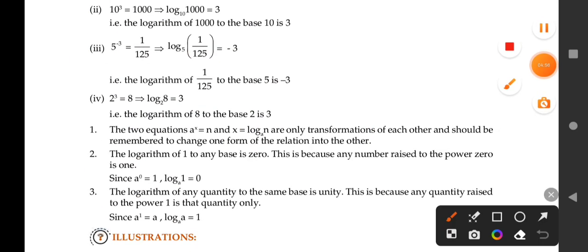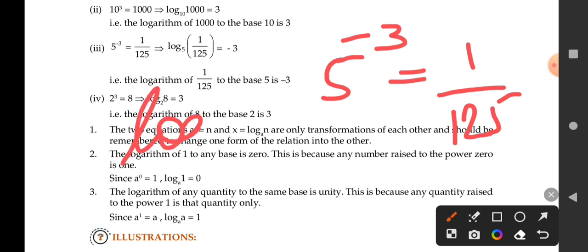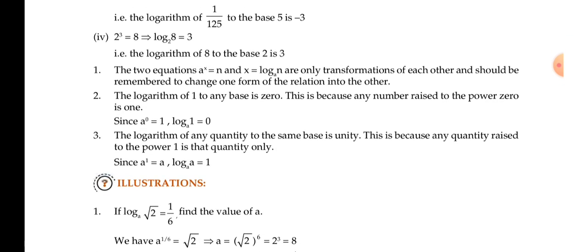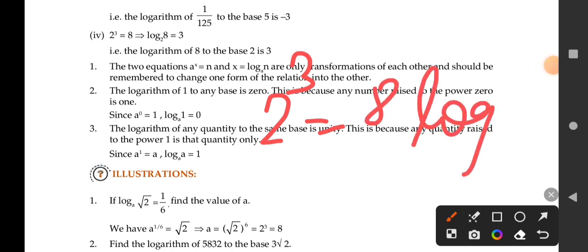Third, what about 5 power minus 3? It is equals to 1 by 125. So we have log 1 by 125 to the base 5 is equals to minus 3. Next, 2 cube 8 is equals to log 8 to the base 2 is equals to 3.